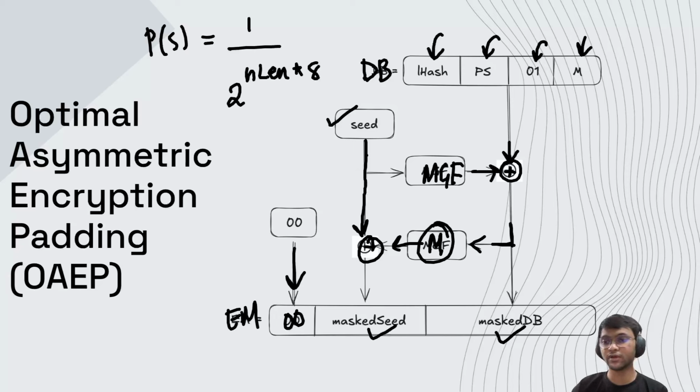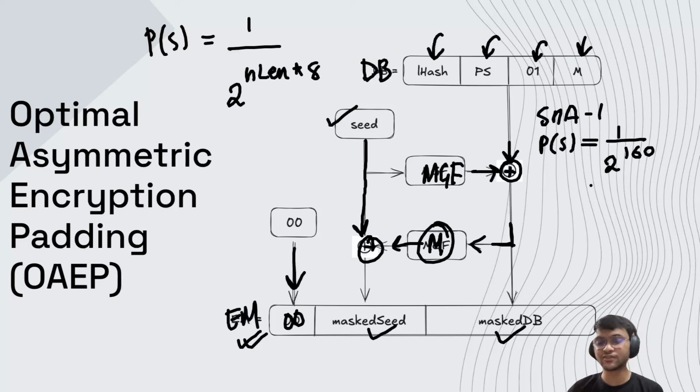Say we're using SHA-1 as a hash function. So for SHA-1, the probability of success would be 1 over 2 raised to the power 160. In other words, if Eve tries to brute force their way into this encrypted message, the success rate would be very low.